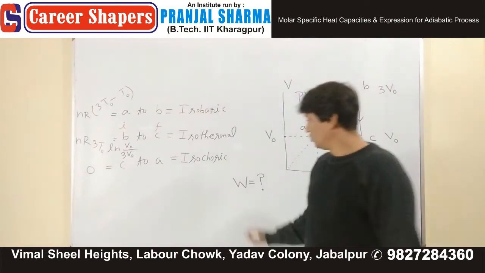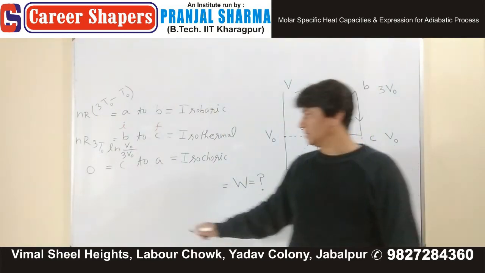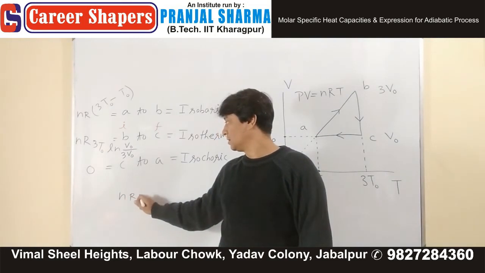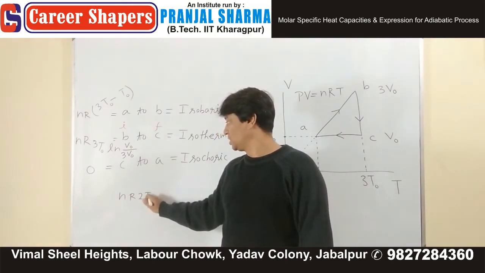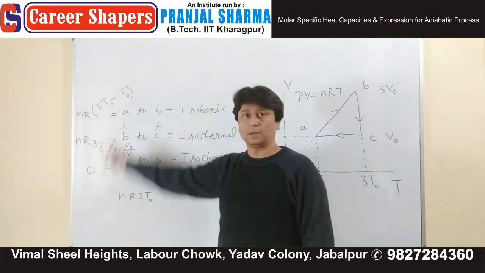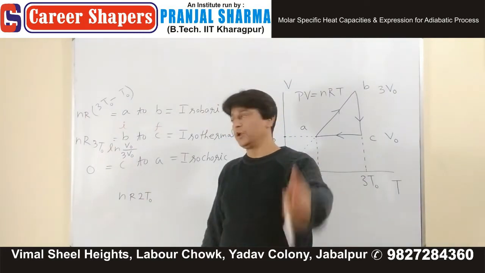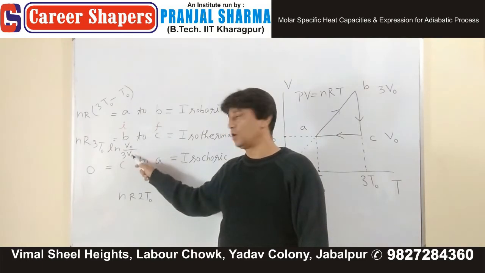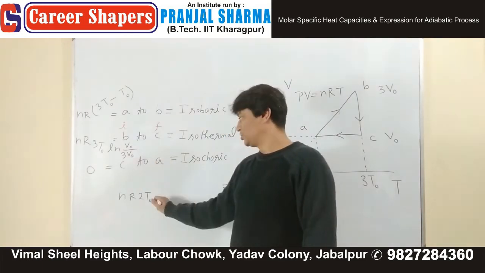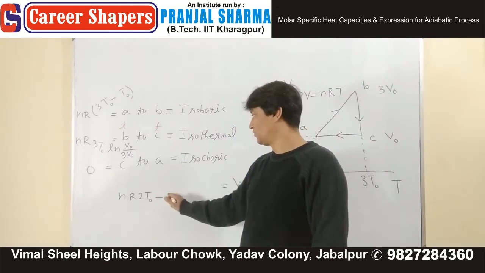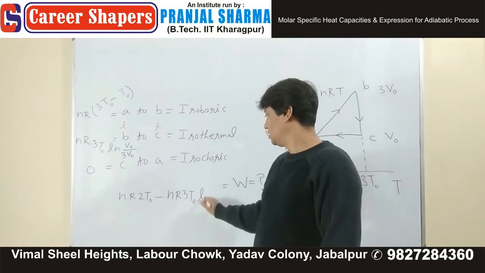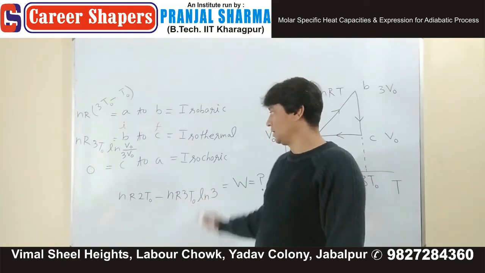So total work is coming nR 2T naught, and if you have the idea of log, this is 1 by 3. V naught cancel, which I can always write in this form. nR 3T naught log of 3.